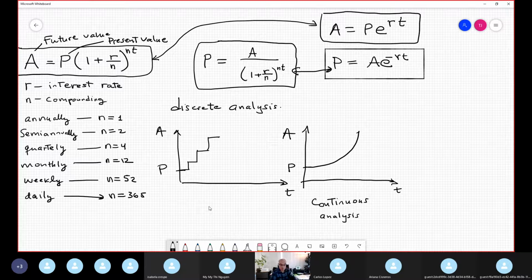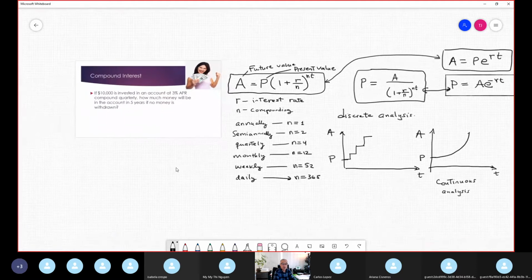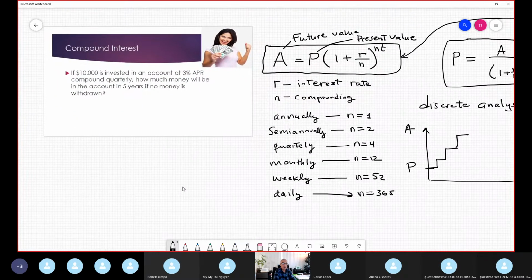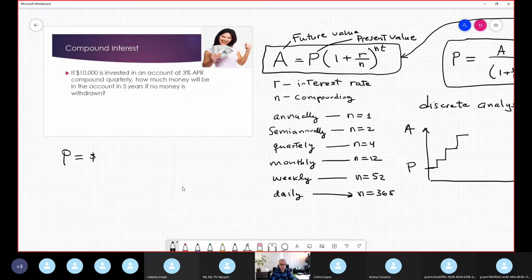Let's do the first problem. Compound interest: if $10,000 is invested in an account, I suppose the present value is 10,000, at 3% APR.